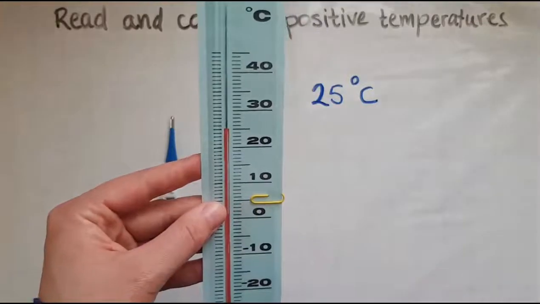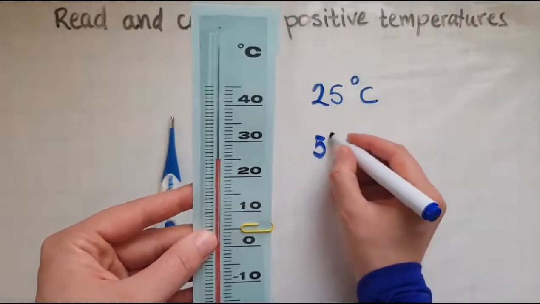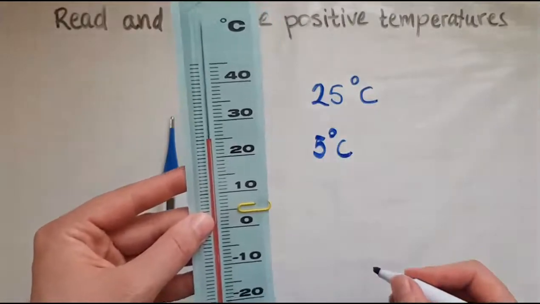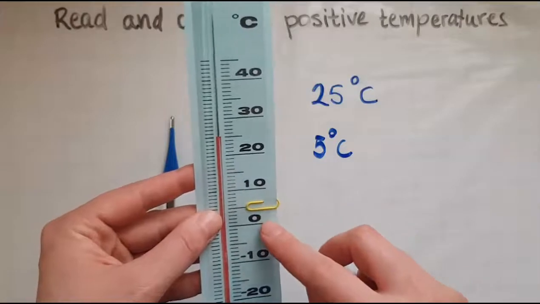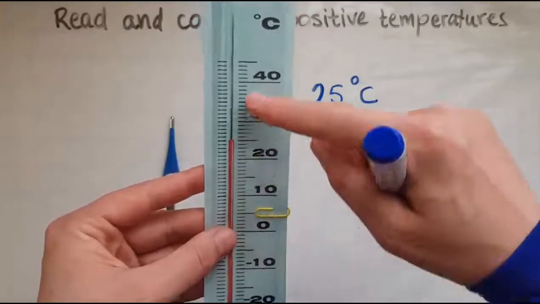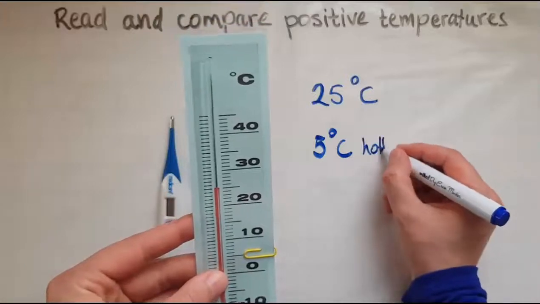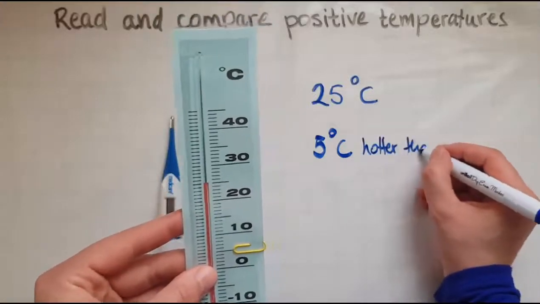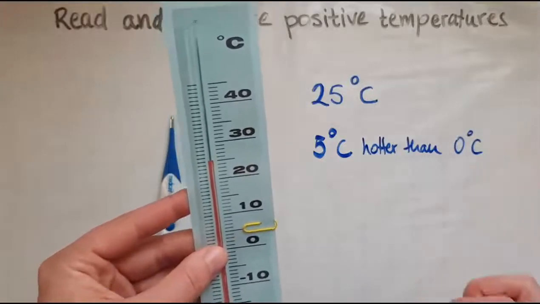So this is 5 degrees Celsius. And is that hotter than 0? Yes, because it's higher in the scale. So that is hotter than 0 degrees Celsius.